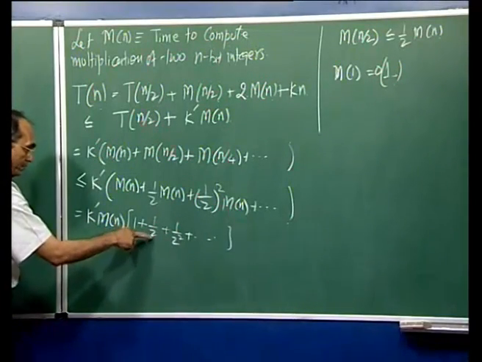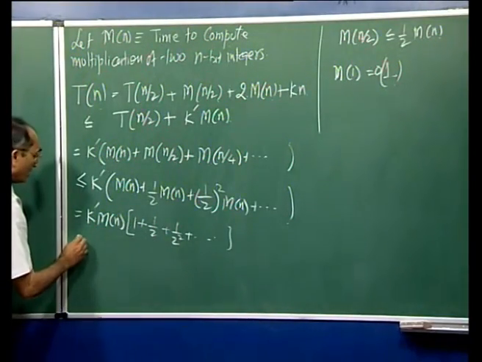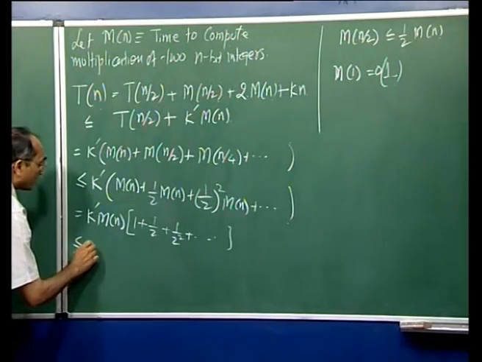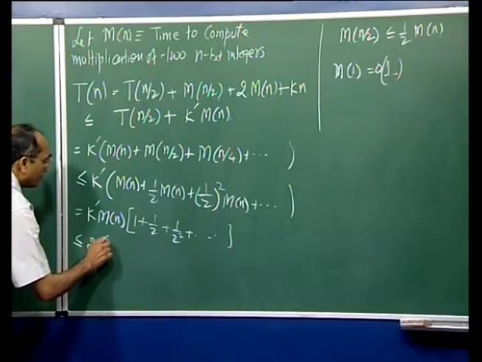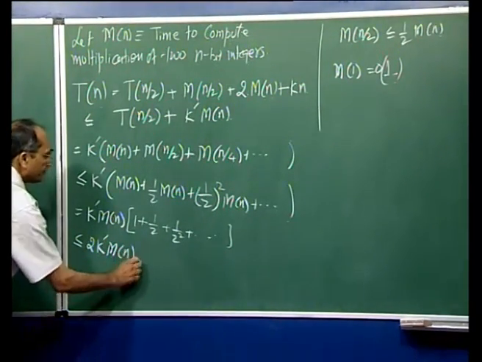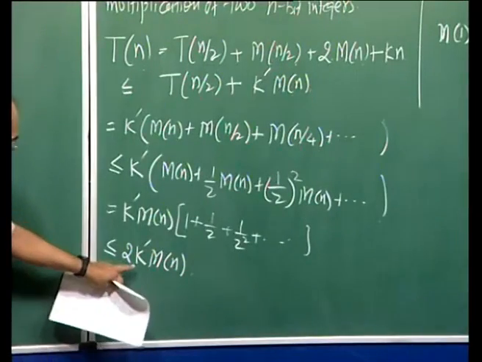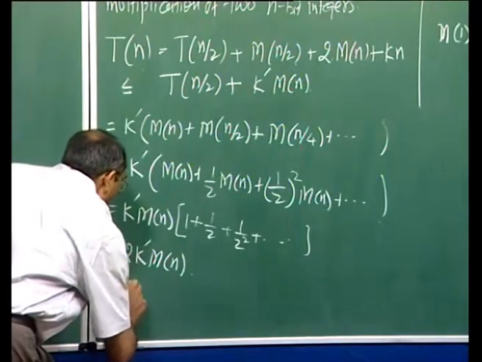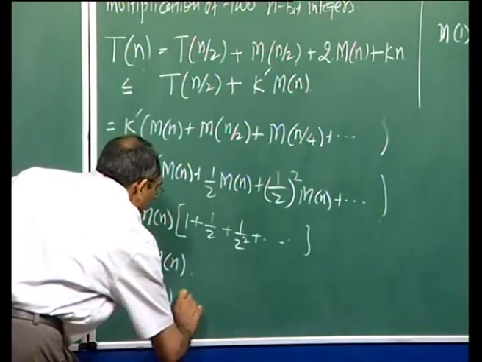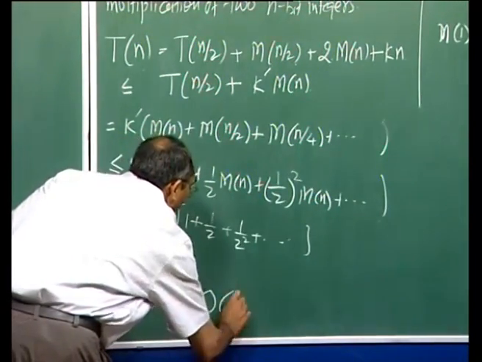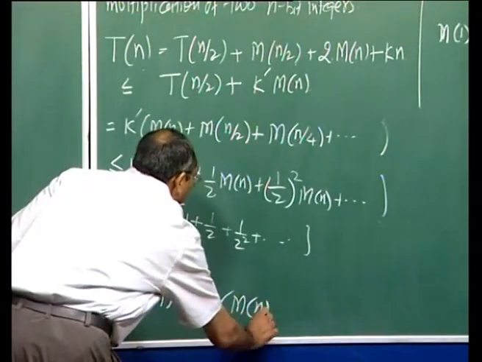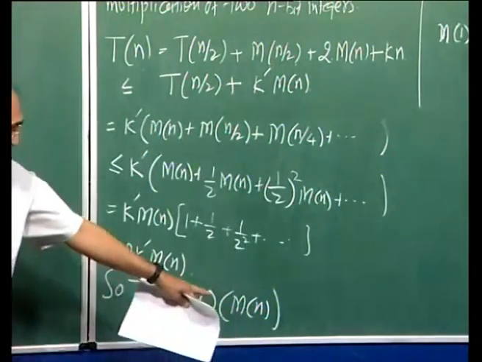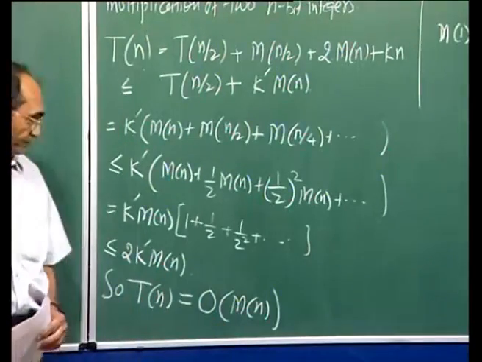This is 1 by 1 minus 1 by 2, which is 2, and therefore this is less than or equal to 2 k prime M of n. Notice that k prime is a constant. So what we have established is T of n is of the order of the same time that it takes to multiply two integers of size n.